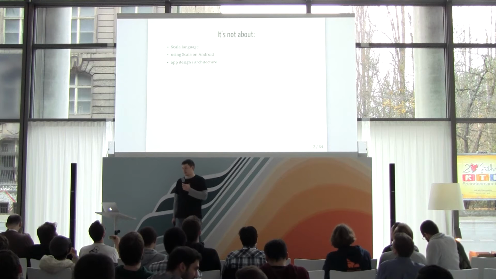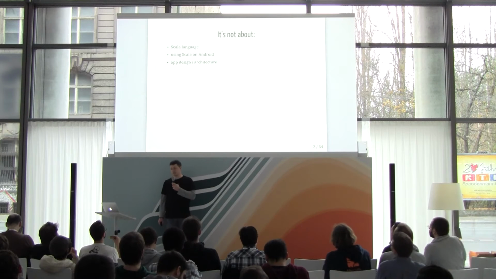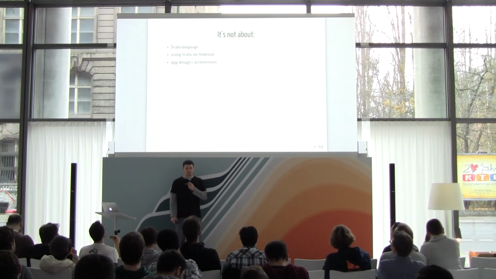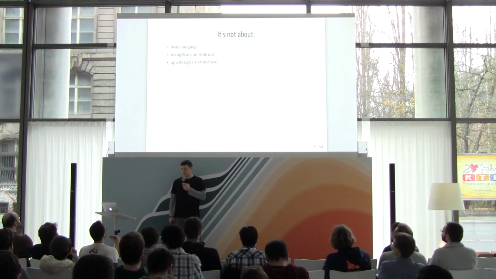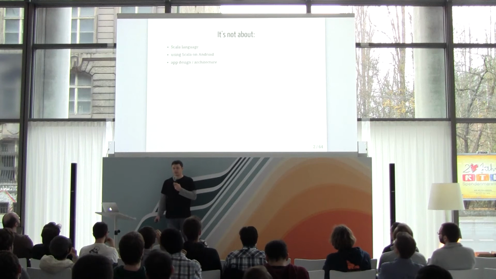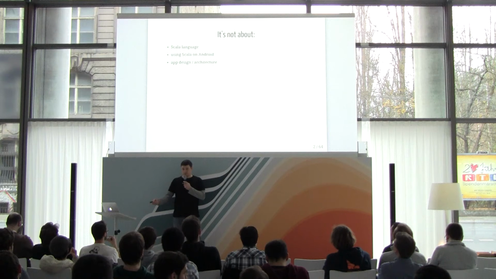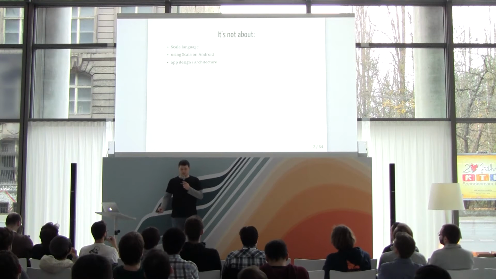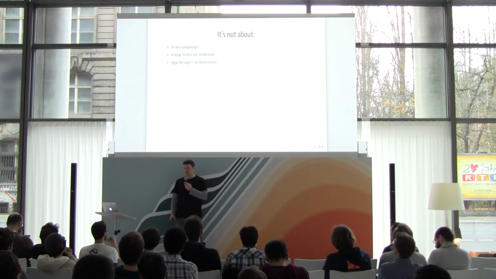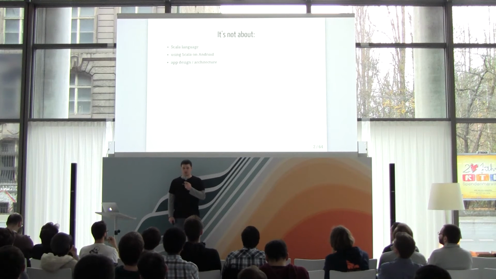This talk will not be about the Scala language itself. It will not be about using Scala on Android, and not about application design or architecture. I will show you that we can use Scala, but I will not show how.